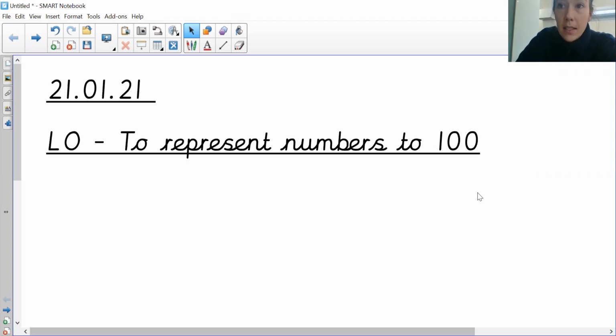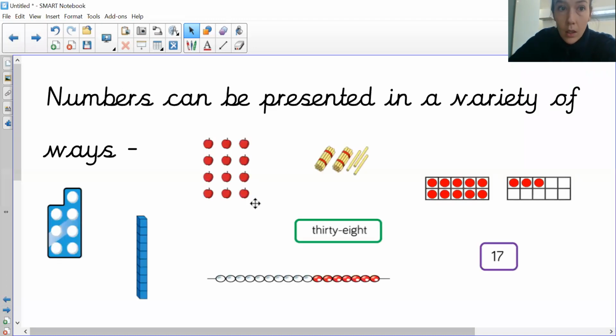And we are today looking at representing numbers to 100, so using different ways to show different numbers. We know that numbers can be presented in a variety of different ways. So to go through a few together, we've got your Numicon, we've got your base 10, you can have your pictorial representations, your straw bundles, 10 frames.